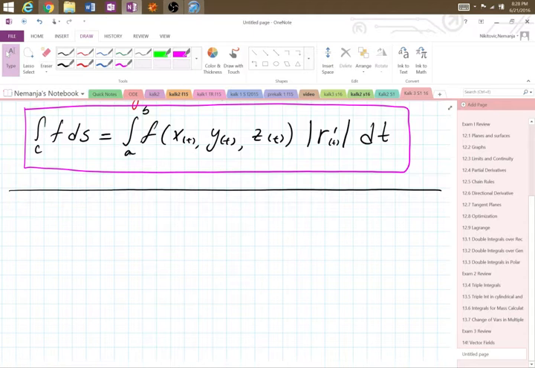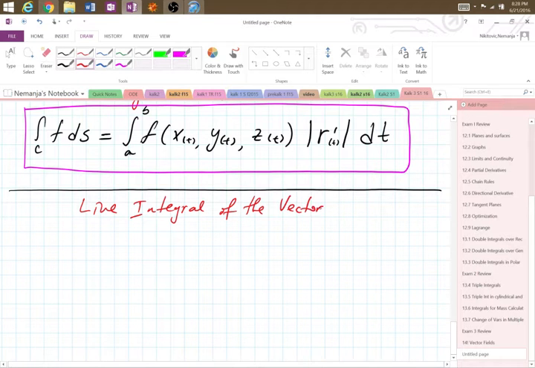Moving along to the line integral of the vector field. So what are we doing with the line integral in the vector field?